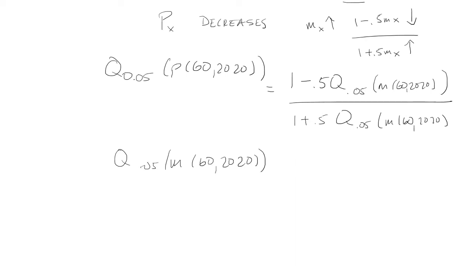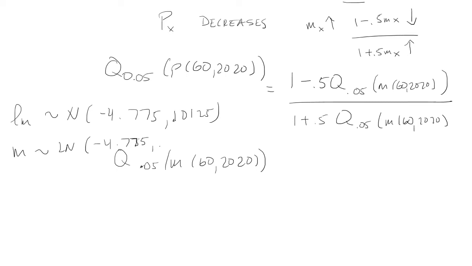So in general, we're given that the log of M is normally distributed, so M will be log normally distributed. So mu would be negative 4.775, and sigma squared will be 0.10125.